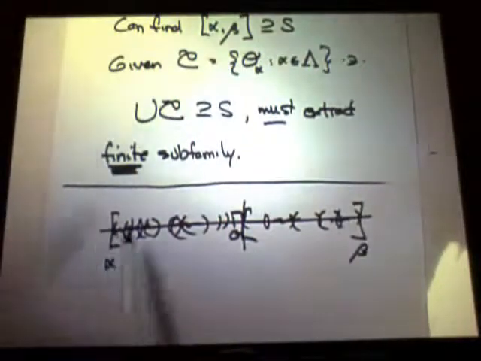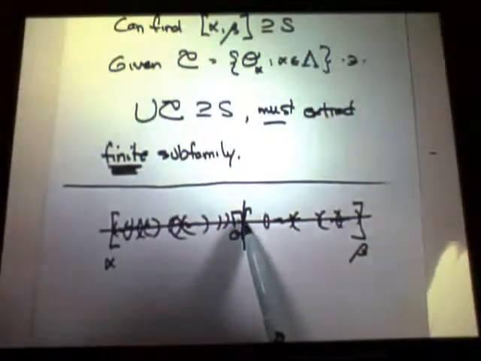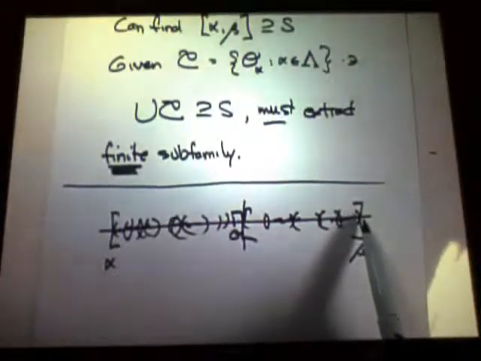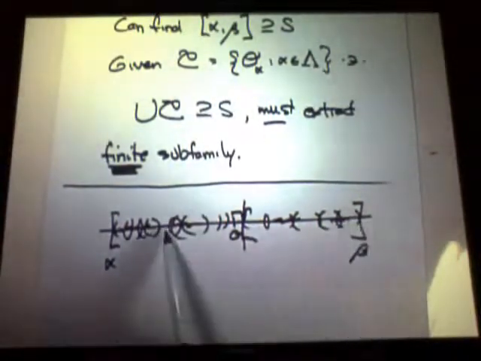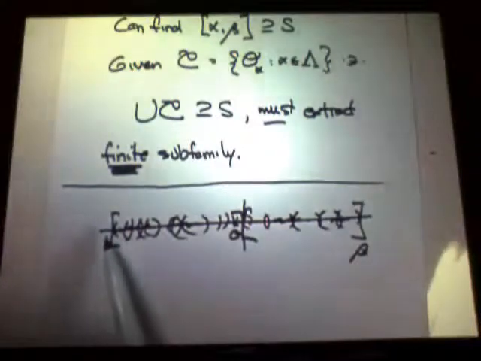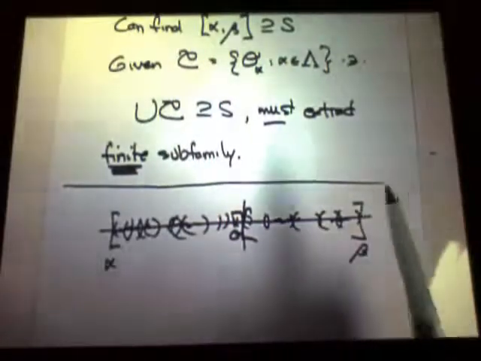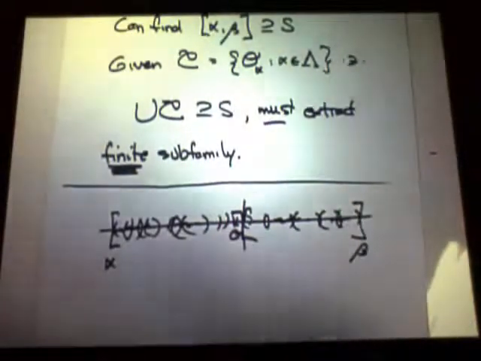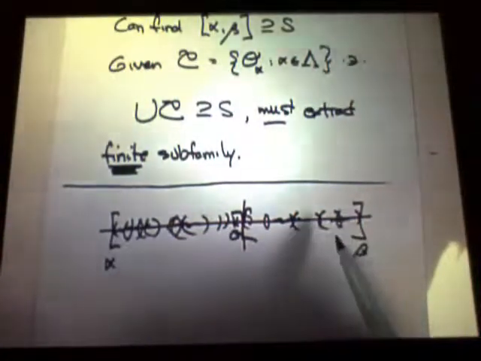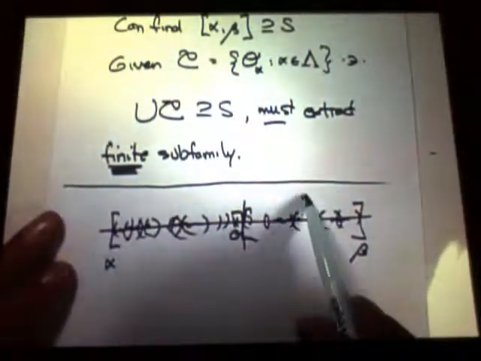Because if only finitely many of the open sets in C are required here, and only finitely many open sets are required here, then I only need finitely many, the union of two finite sets. The center point, of course, would be in one of these. So everybody in S would be covered by finitely many of the sets in C, and that would mean the theorem is proved, right? So let's assume that one or the other or both of these require infinitely many sets in C to do the job, to cover. Okay.